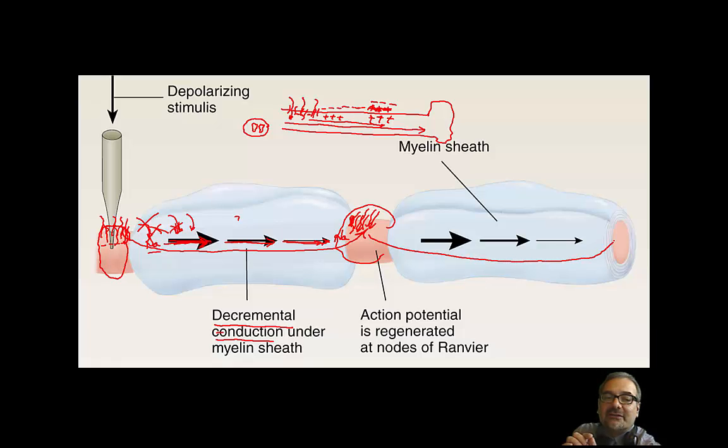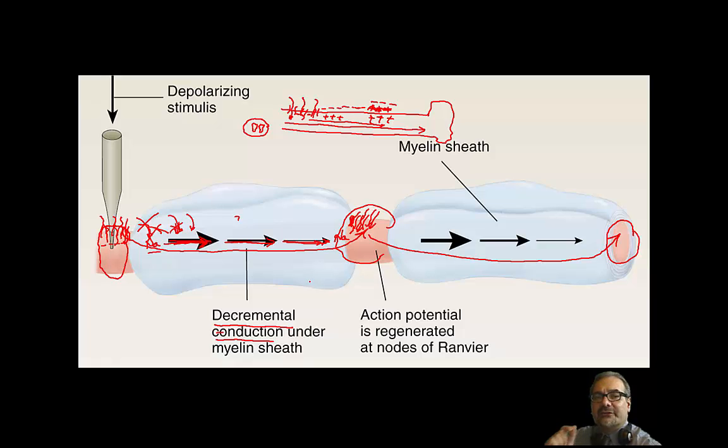There's degradation, and it jumps to the next node. And at this node of Ranvier, there is a recreation of the action potential, and it keeps jumping. So there is an action potential that's regenerated at the node of Ranvier at every point in the process of transmission of the action potential down a myelinated axon.